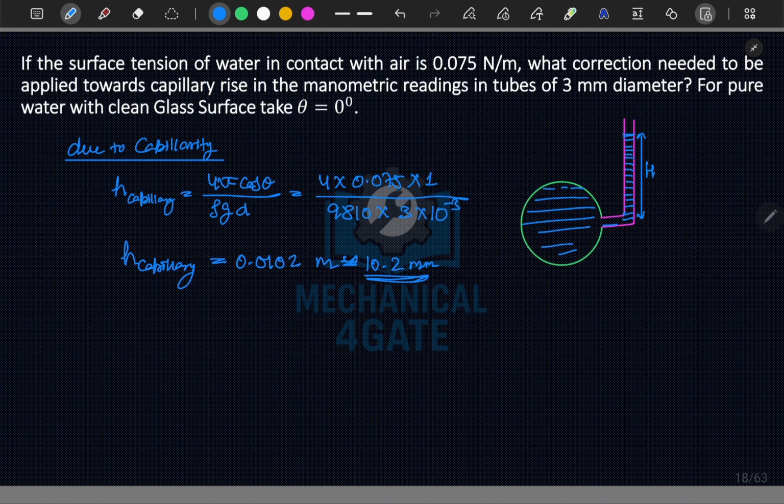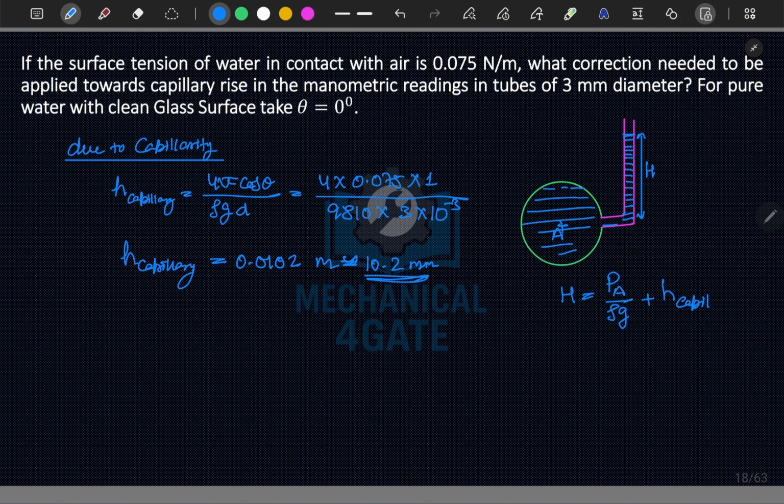So we can say that the actual piezometric height that is measured will be equal to pressure at, let's say, point A upon rho g, plus H due to capillary effect.